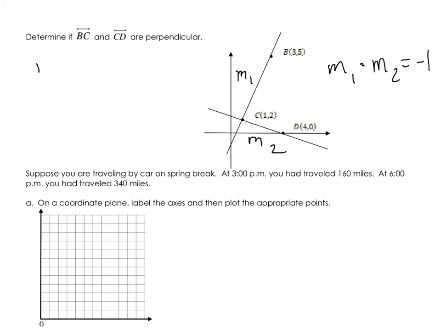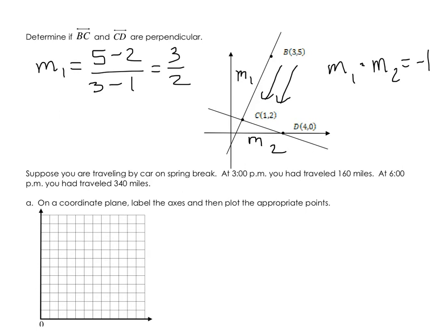So let's calculate the slope of the first line. We need the difference in the y values, 5 minus 2, over the difference in the x values, 3 minus 1, 3/2. That's our first slope of the line connecting points B and C.